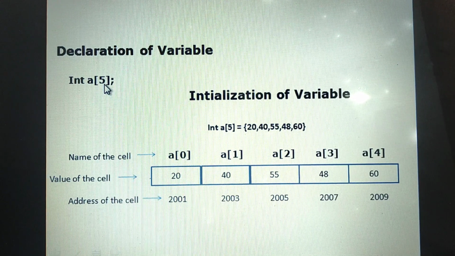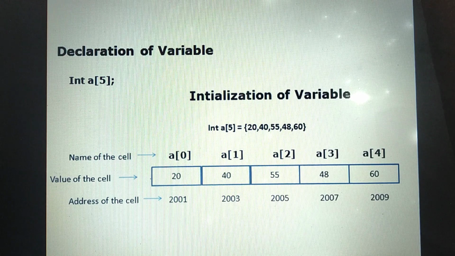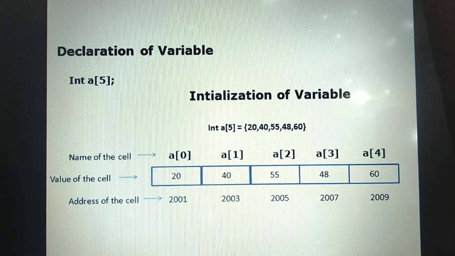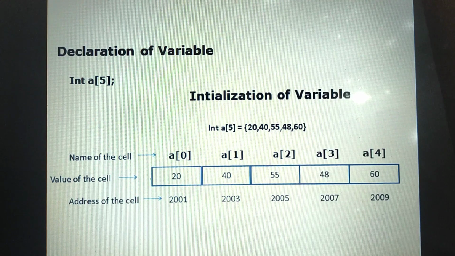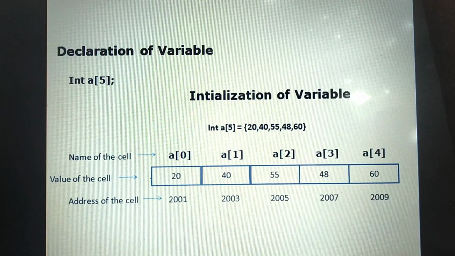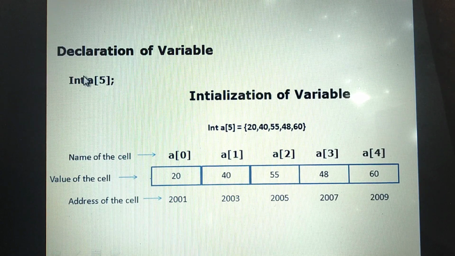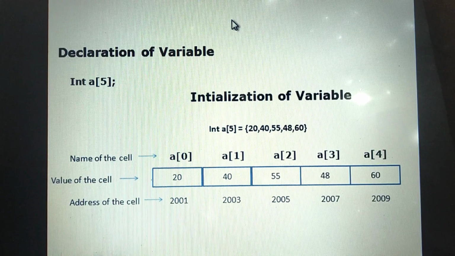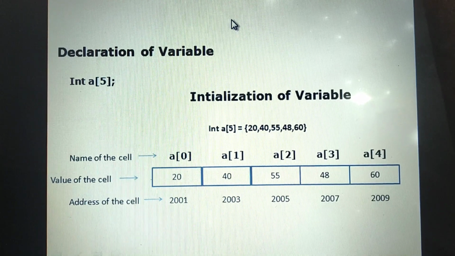Now I have given size 5. In this array we can store 5 values, of which data type? Only the int data type. Only integer values we can store, because the type of the array is int.